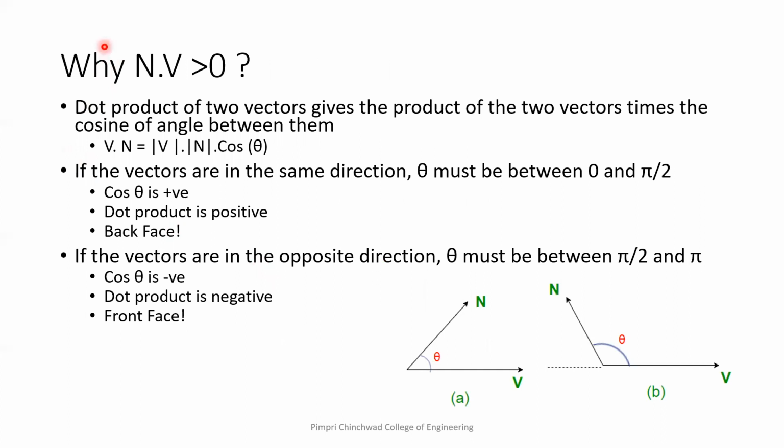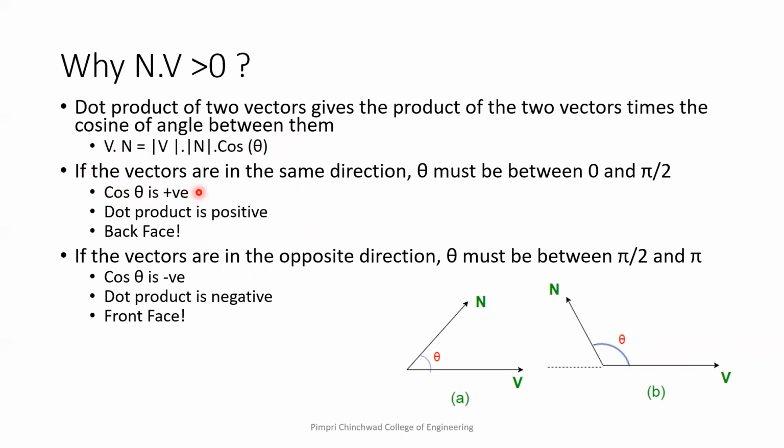So how has this condition been derived, that n dot v must be greater than 0 for a backface? We know that the dot product of two vectors gives the product of the magnitudes of the two vectors multiplied by the cosine of the angle between them. v dot n equals magnitude of v into magnitude of n into cos theta, where theta is the angle between v and n.